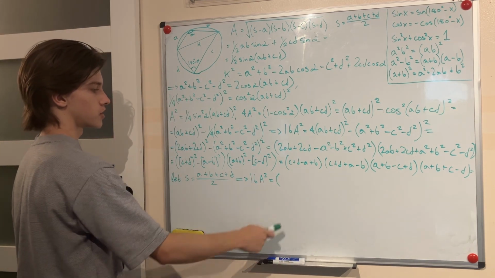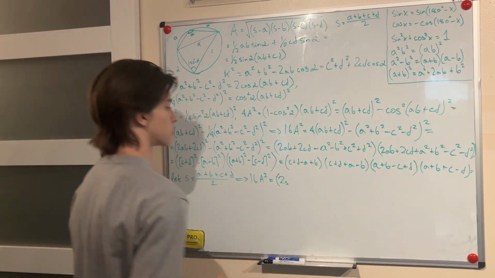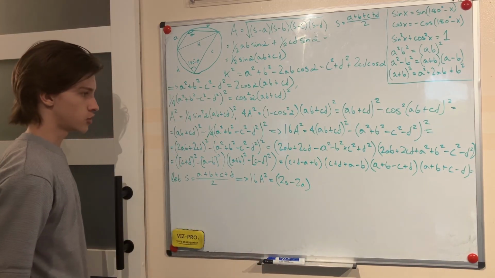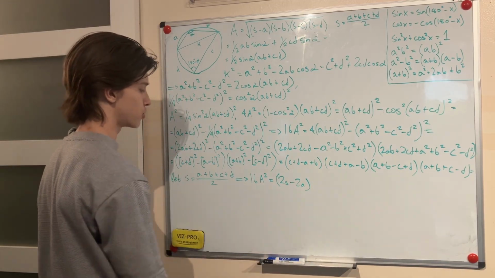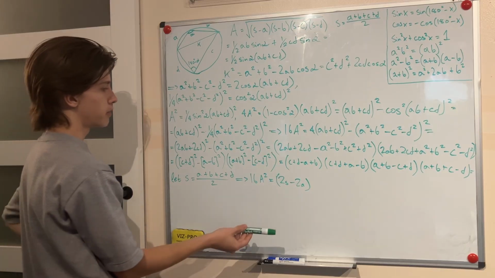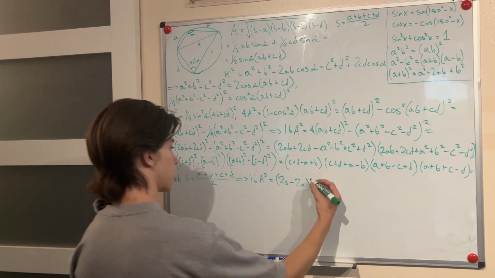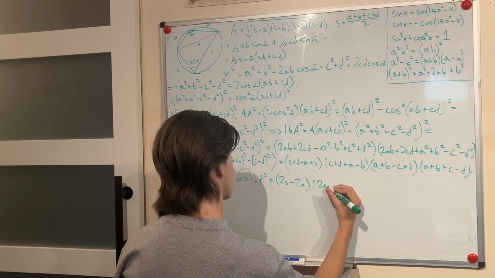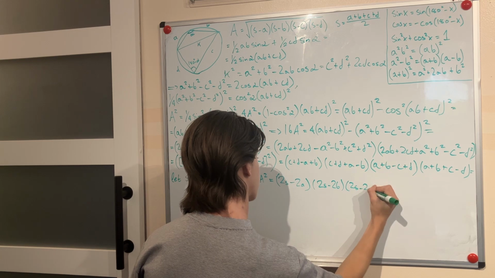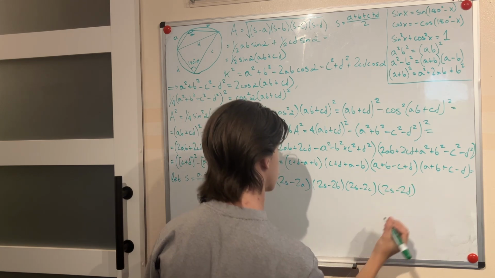Notice how this is just twice the semi-perimeter, and subtracting 2 of each of the sides: 2s minus 2a, then 2s minus 2b times 2s minus 2c, because this is twice the semi-perimeter and we are subtracting each side. And so on to 2s minus 2d.